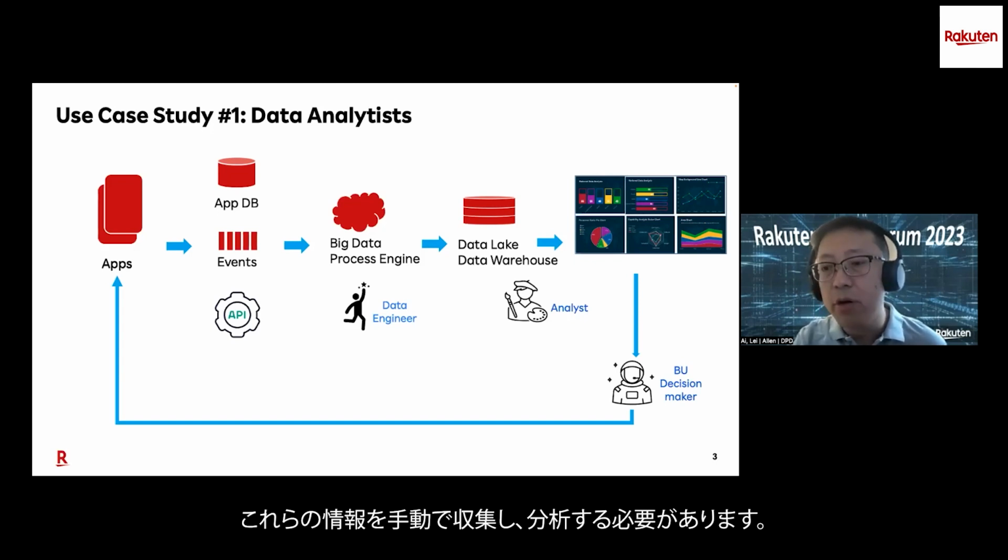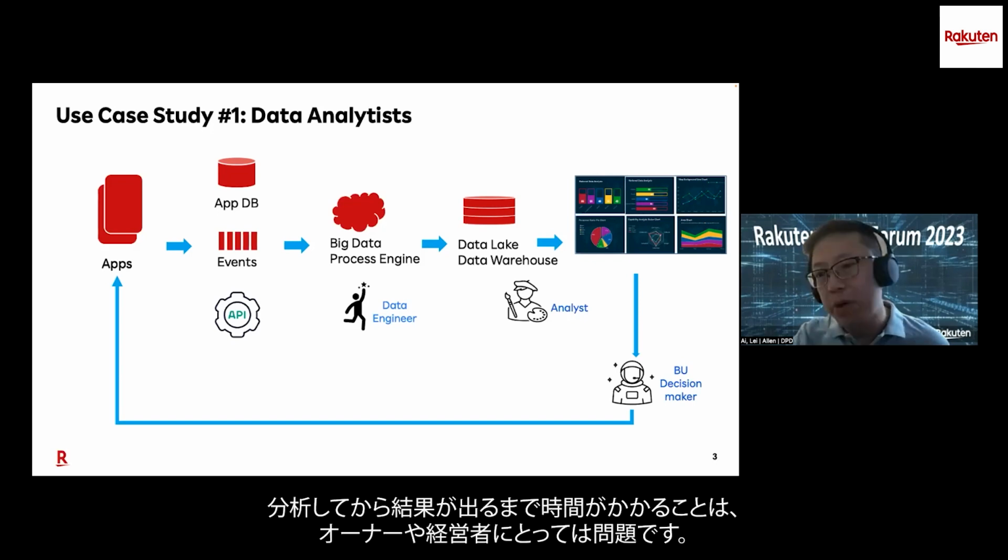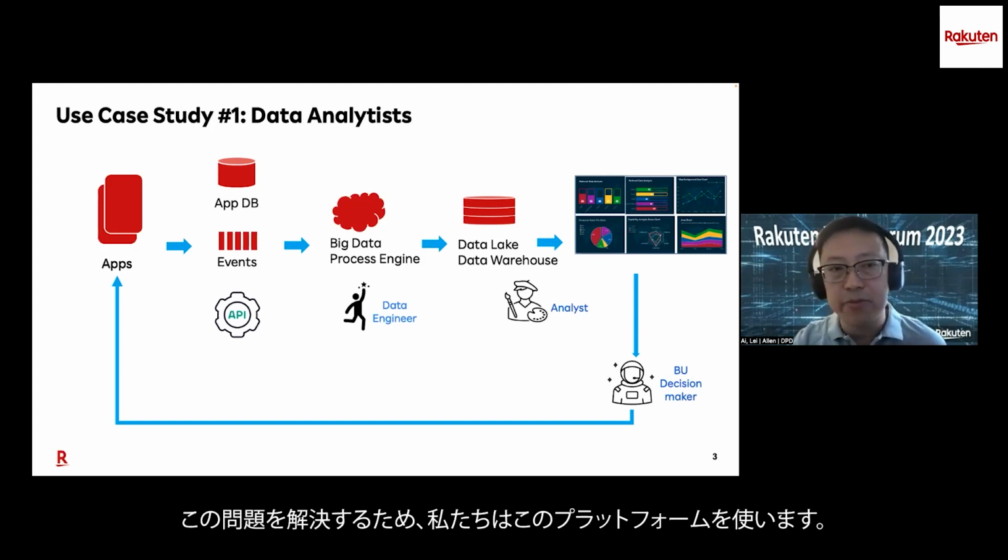All of this probably needs to be manually collected and analyzed, and then the result is also delayed by the time it comes to you. That is a trouble for data analysts, and that's another use case the data platform tries to address.